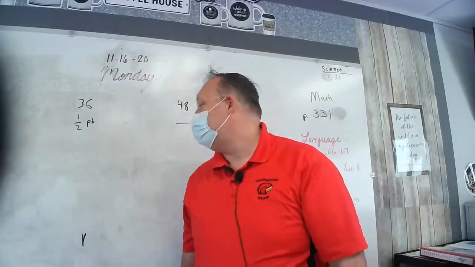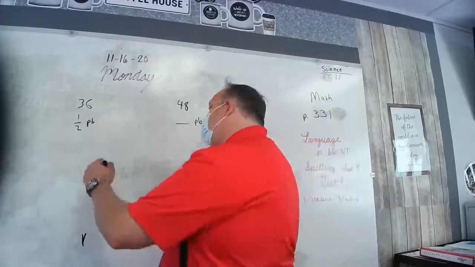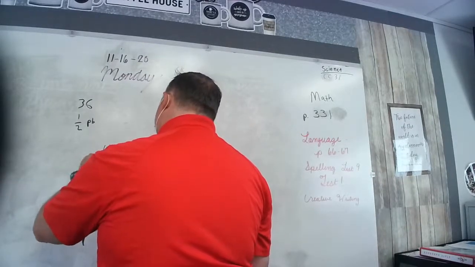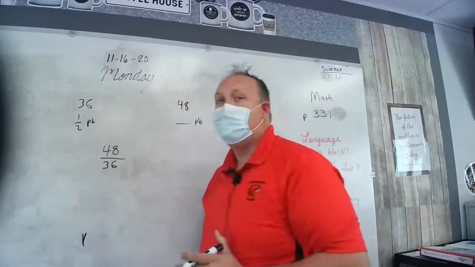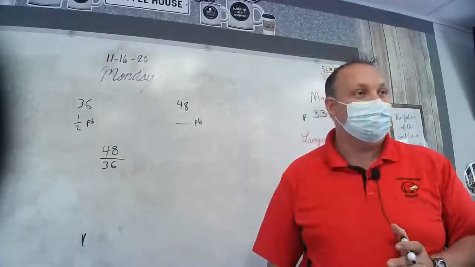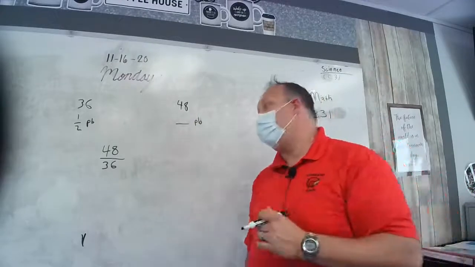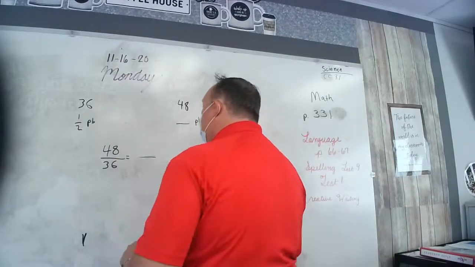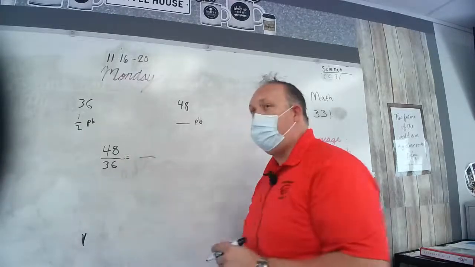So, she needs 48. She has 36, right? So we made our fraction. Now we're going to reduce it down. What number goes into 48 and 36?